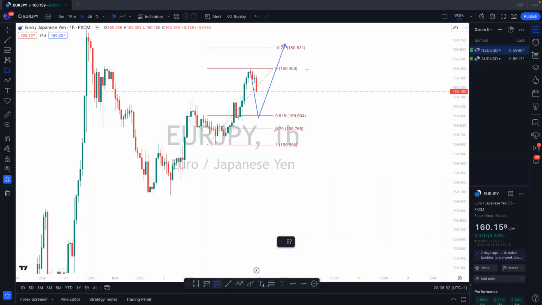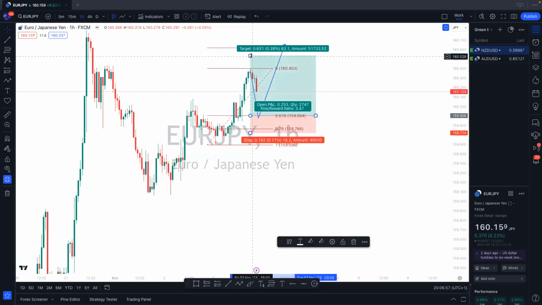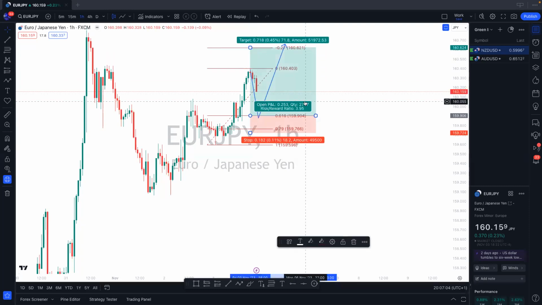If you're entering aggressively, then entry is at the 0.618, stop loss a few pips below the 0.79, targeting the highs up here, the 0 or the minus 0.27. Whichever you want to do, you can do it. But if you're entering conservatively, then you need to get extra confirmations before you can enter. Hope you guys understand what I just explained.